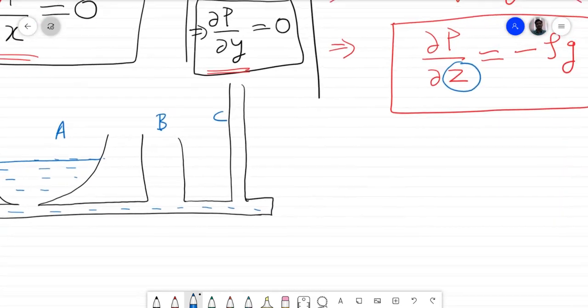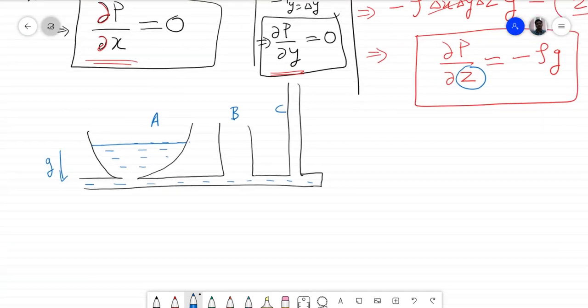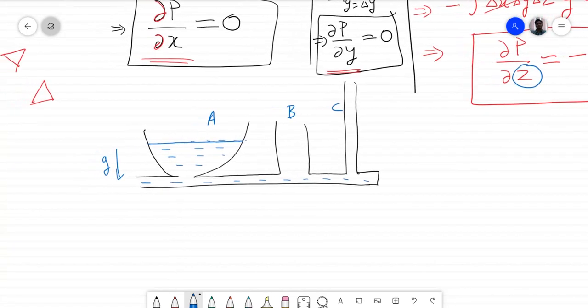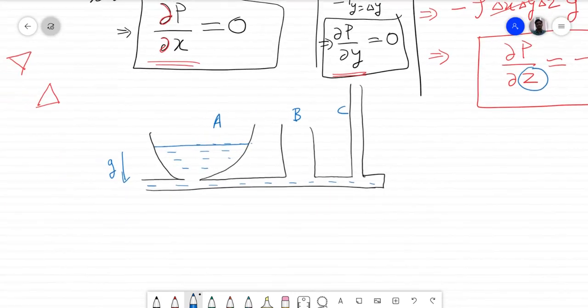Now you can guess the answer. We just derived that pressure depends only on height z and nothing else. So the pressure at same height is the same because pressure depends on z only. Therefore the pressure at these points in this tube is same, at the same level. And again, if you see, this is height h, let's say, from this point.